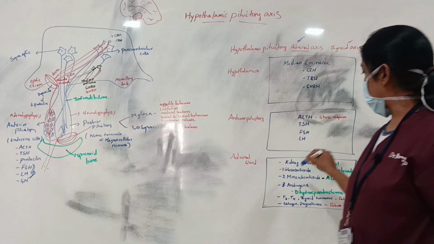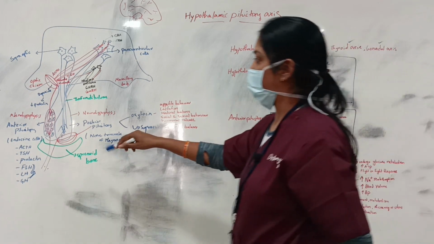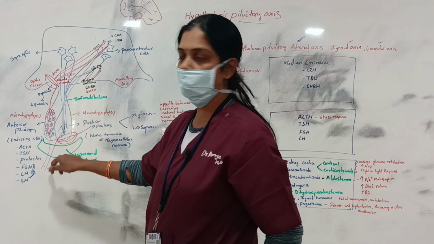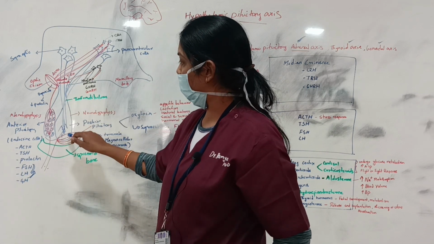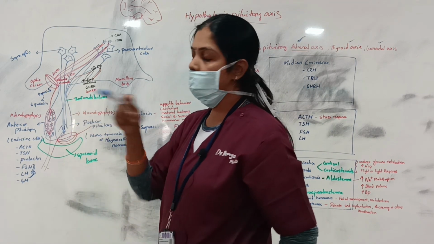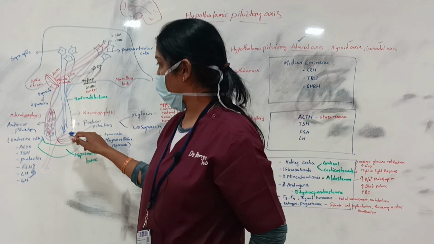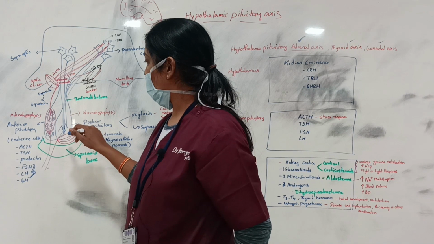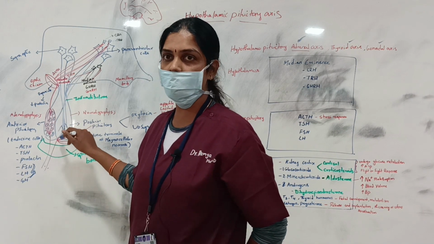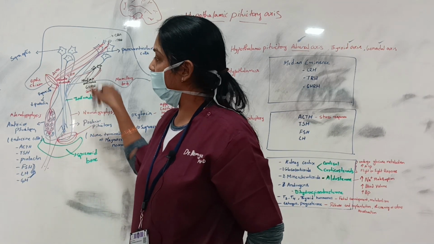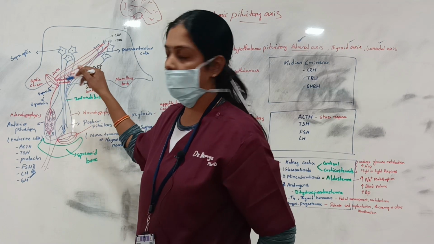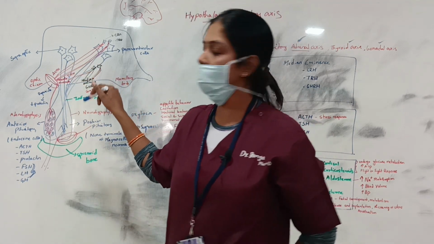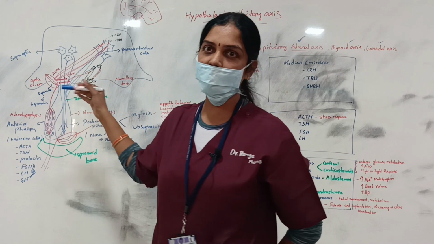Whenever these hormones are more in the systemic circulation, there will be receptors. For each hormone there will be a receptor. Whenever the hormones are more in the systemic circulation, there will be negative feedback going to the area wherever those hormones are released, so that they'll stop the release of that hormone.